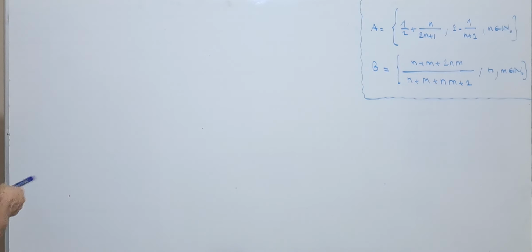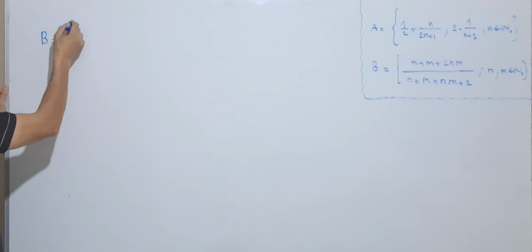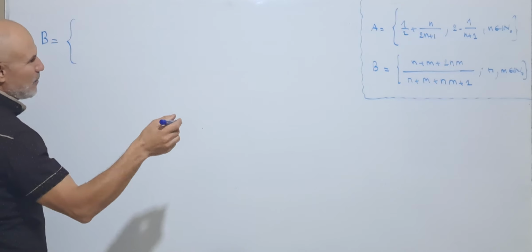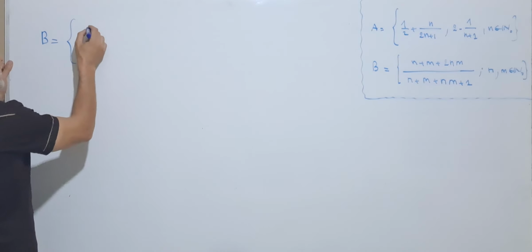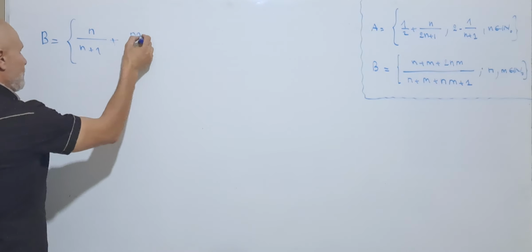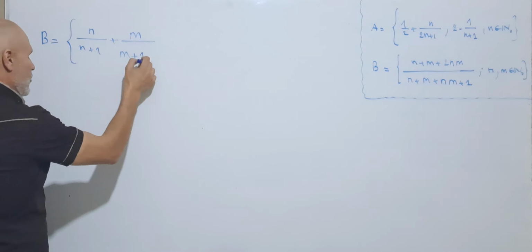For B, there is a very smart idea. For B, which is (n plus 2m) over (n plus m plus 1), we can write it as n over n plus 1 plus m over m plus 1, with n in N0.